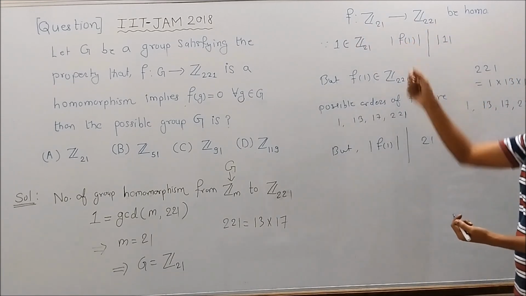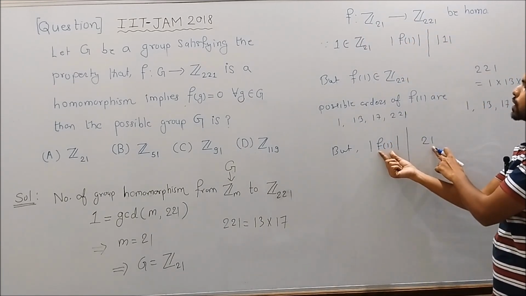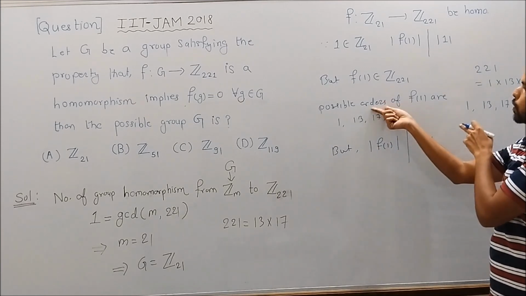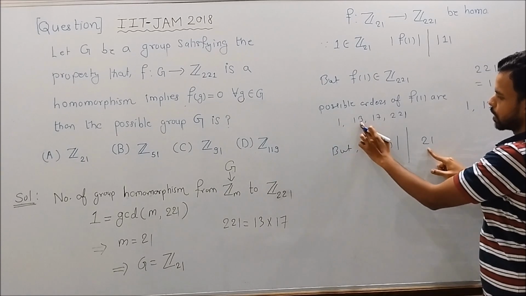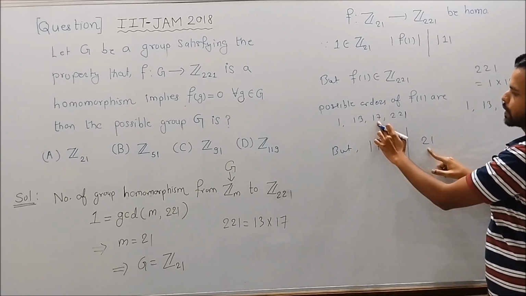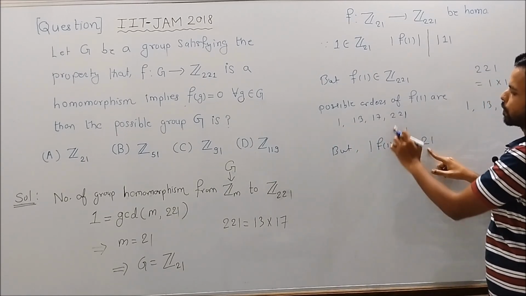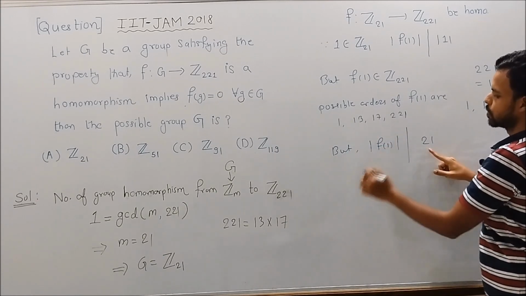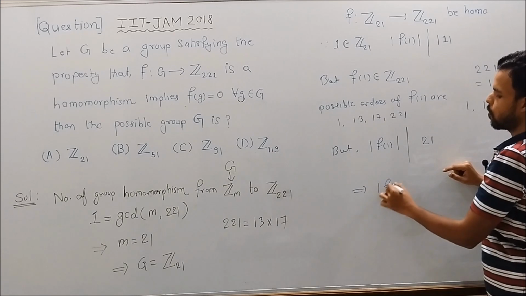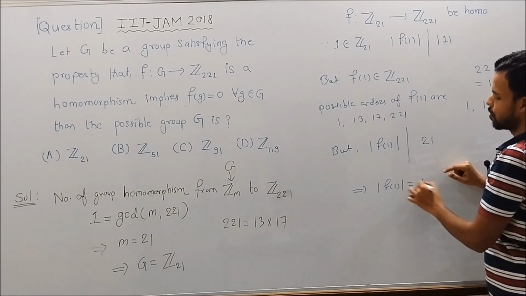So the order of f of 1 divides 21. We can clearly see that 13 does not divide 21, 17 does not divide 21, and 221 does not divide 21. So the only possibility left is 1. So this implies the order of f of 1 is 1.